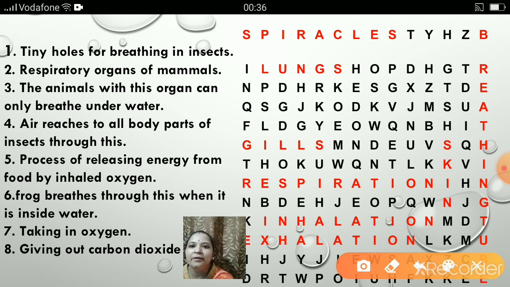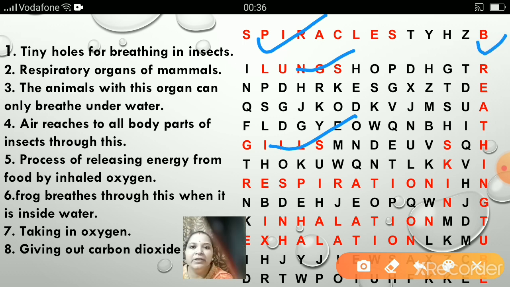So, they are spiracles, respiratory organs of mammals. It's lungs. The animals with this organ can only breathe underwater. So that is gills. Air reaches to all body parts of insects through this. So it's breathing tube.